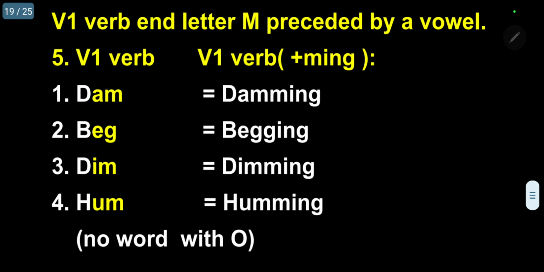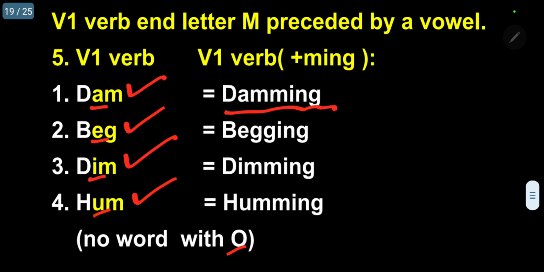Coming to M, please follow. Dam, beg, dim, hum. So vowels A, E, I, U. Here again, there is no word with O. So dam becomes damming, with two Ms. Kindly follow.